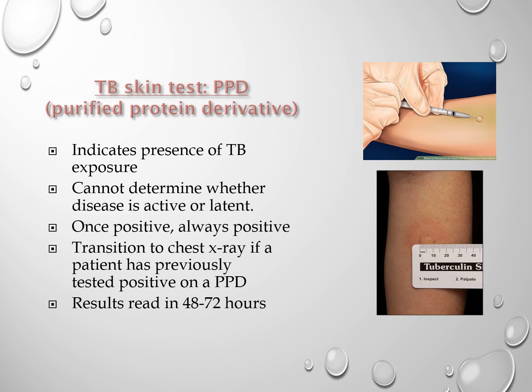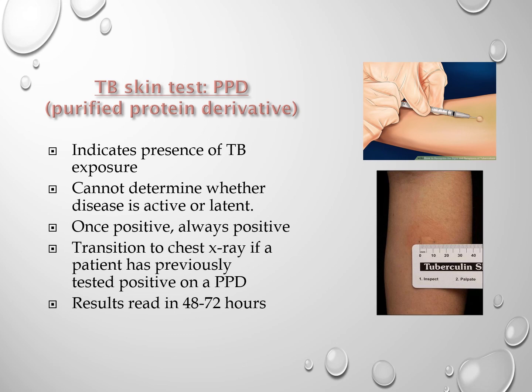Now, the bottom picture is showing a measurement of the induration, not the redness, of a TB skin test. And as we'll see in another slide, determining if somebody is positive for a TB skin test depends on their medical conditions and if they're immunosuppressed or not.